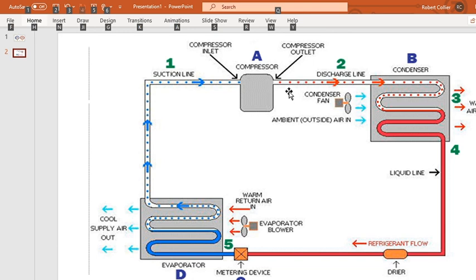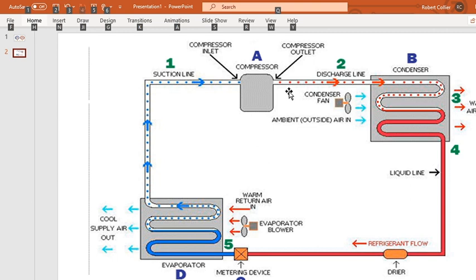As that gas leaves the compressor, it runs through something called a discharge line. This is a copper tubing. It's usually 3/8, 1/2 inch, just depends on the size of the system, but it's a copper line that runs between the compressor and the condenser.